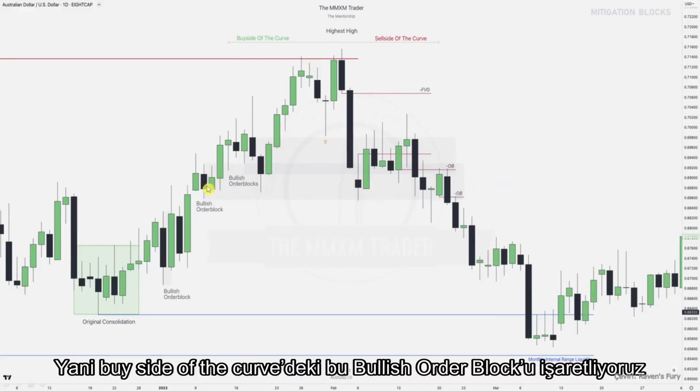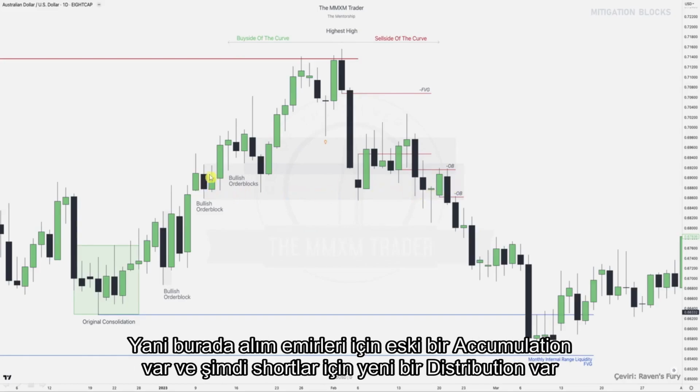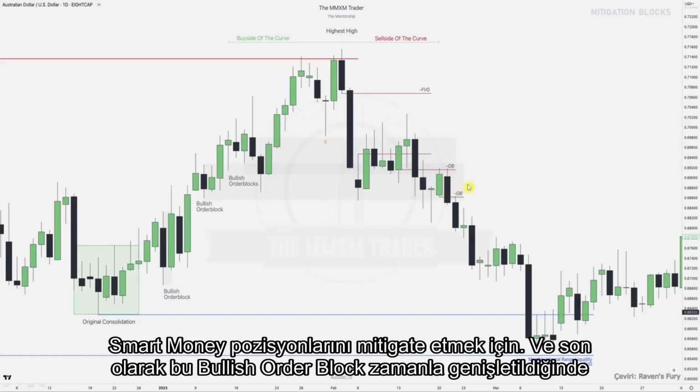So we outline this bullish order block from the buy side of the curve into the sell side of the curve, and again, we are forming a bearish order block inside that old bullish order block, right? So we have old accumulation over here for buy orders, and now we have a new distribution for shorts to mitigate smart money positions.